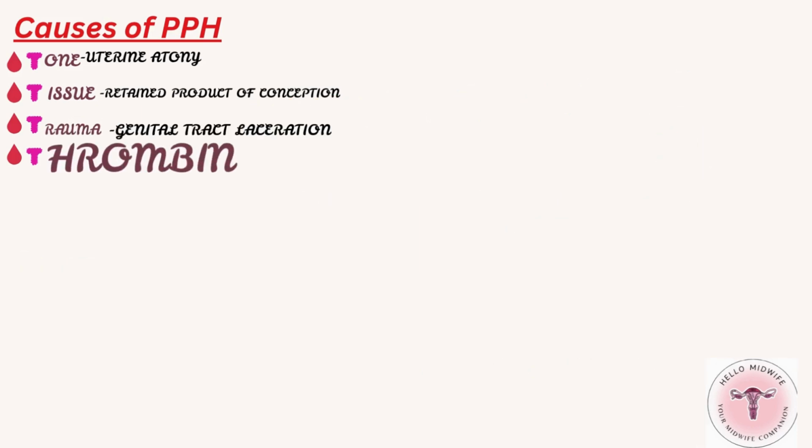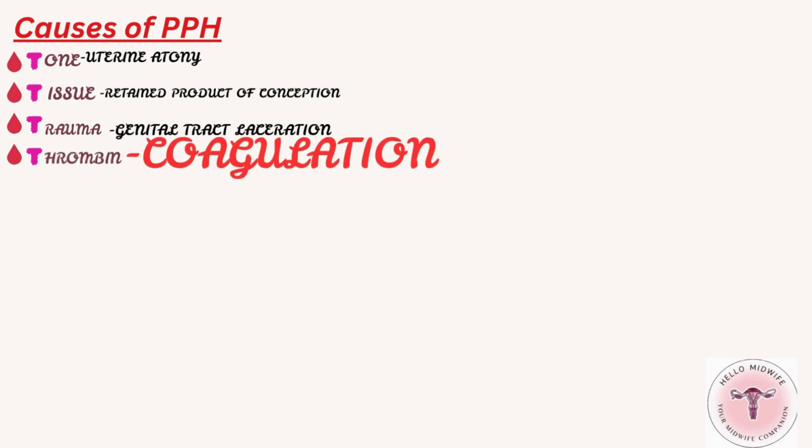We have the fourth T, which is thrombin. This has to do with coagulation. Coagulopathies can be pre-existing to pregnancy or acquired. This means that the coagulopathies may be present before pregnancy or develop during it.